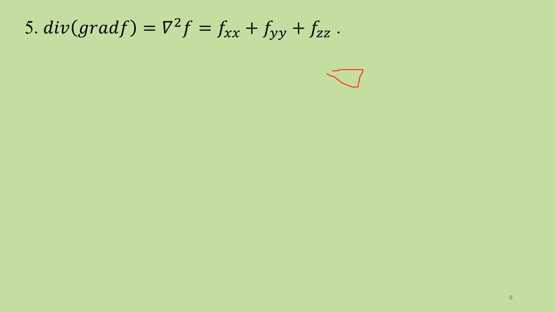Or I can write it as summation dou square by dou x square, operating on f, meaning partially differentiate f with respect to x, y, z twice. Sum of the partial derivatives of f with respect to x, y, z twice. Symbolically I can write it as fxx plus fyy plus fzz.